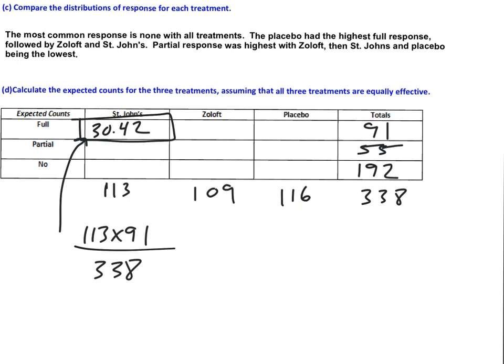Okay, move over to Zoloft, and I'm still in the row with a full response. For the Zoloft here, I'm only going to show you the work for 3 of them, and then I'll just fill in the rest. That would be 109 times 91 over 338, and that would get you an expected count of 29.35.